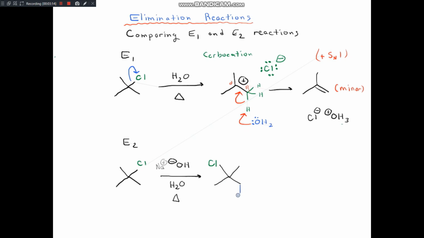And we can have our hydrogens on the beta carbon and our OH minus. And we can show the lone pair from the OH taking away the proton. At the same time, we're forming a double bond and we're losing our leaving group at the same time.